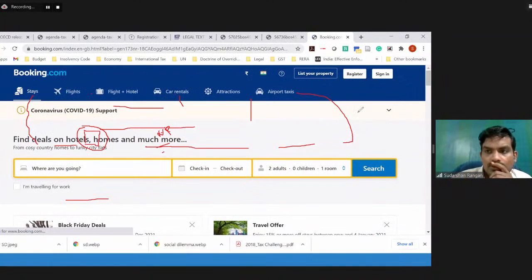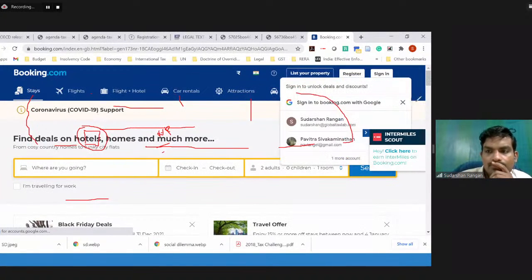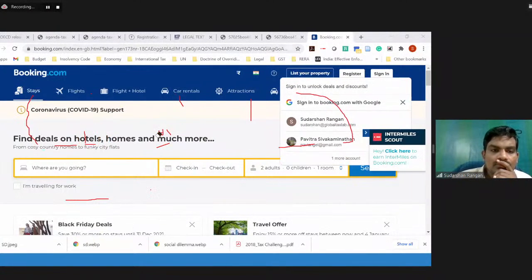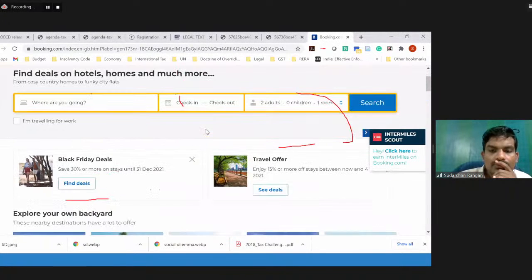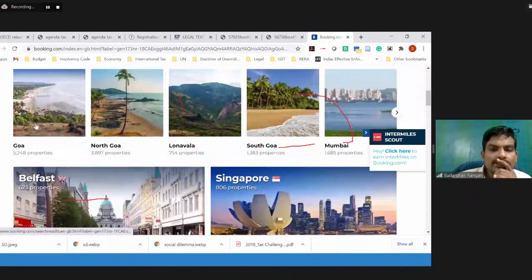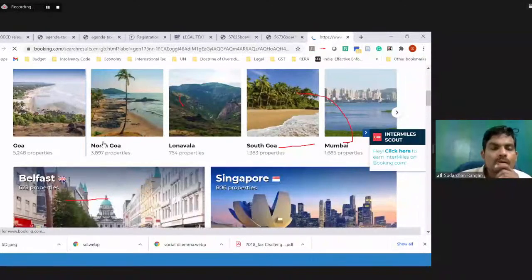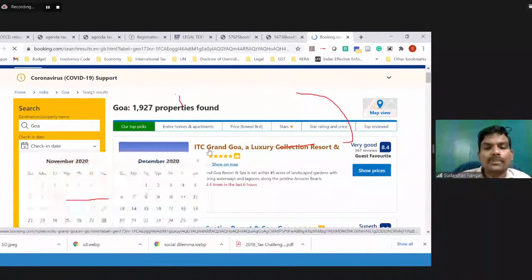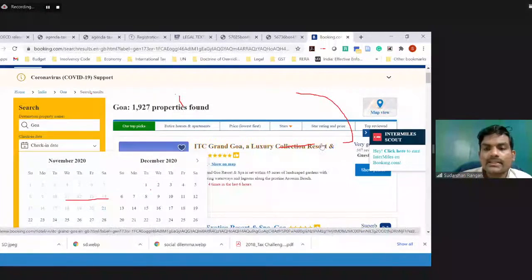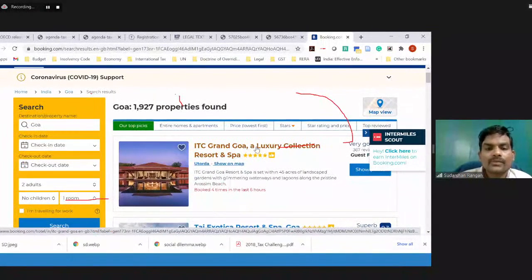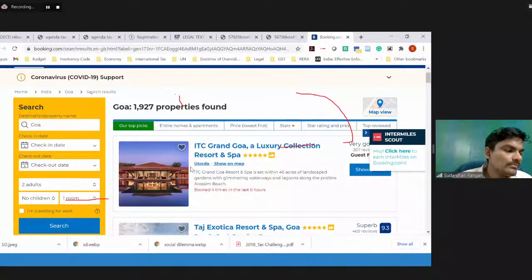Now, if you see, look here, let's say Goa. So now what booking.com does is it ties up with ITC in Goa. eBay, yes, Deepa, eBay is also there.